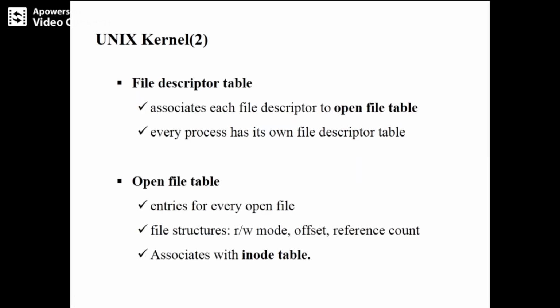Now first is file descriptor table. It associates each file descriptor to open file table. So the thing is, you will be having a file descriptor value for each and every file in the Unix system. Each file descriptor is stored in a file descriptor table.